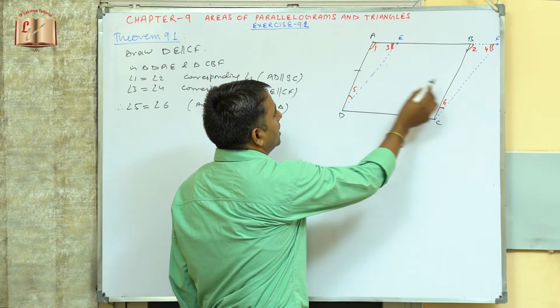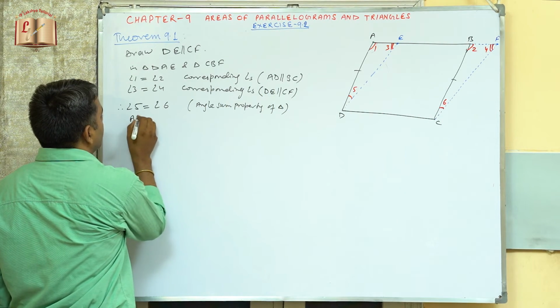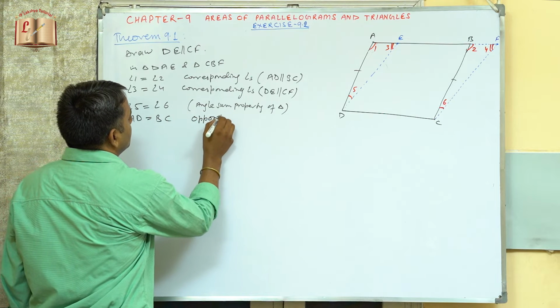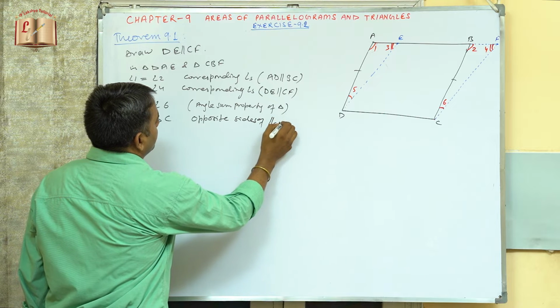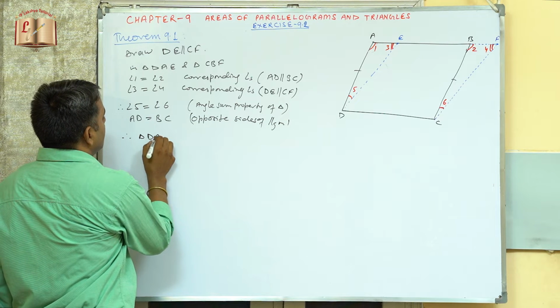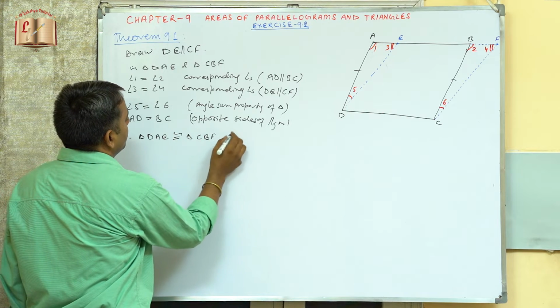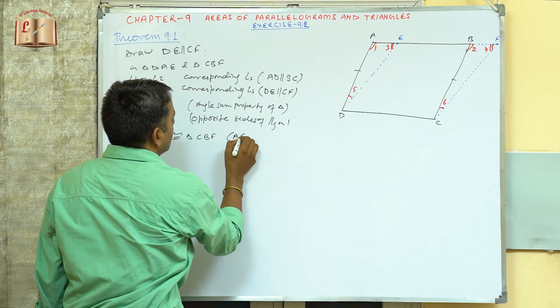AD is equal to BC because these are the opposite sides of the parallelogram. Now I can write AD is equal to BC. Therefore triangle DAE is congruent to triangle CBF by angle side angle.